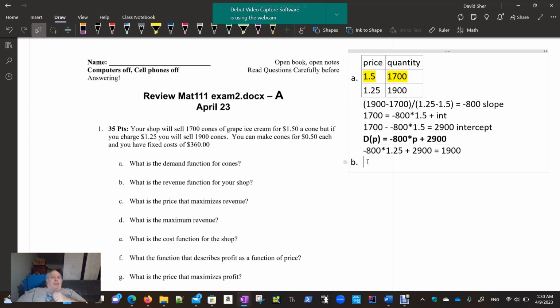Part B, what's the revenue function? Well, revenue is the price we sell times the quantity, which the demand function computes at that price, which is going to be P times negative 800, we have to parenthesize that, plus 2900.